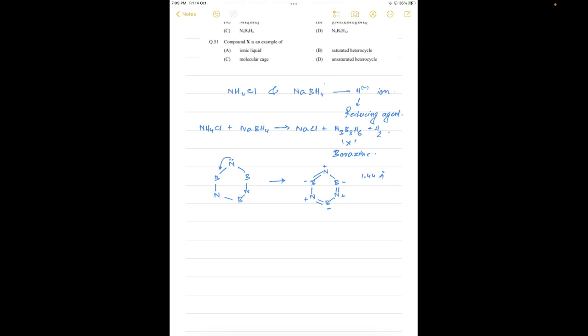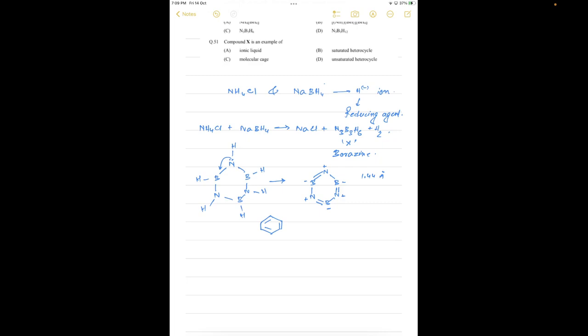Due to the similarity with benzene, if you write down the benzene structure, benzene has all carbon atoms which are sp2 hybridized, and each pz orbital of the 6 carbon atoms overlaps with each other to form these pi clouds.